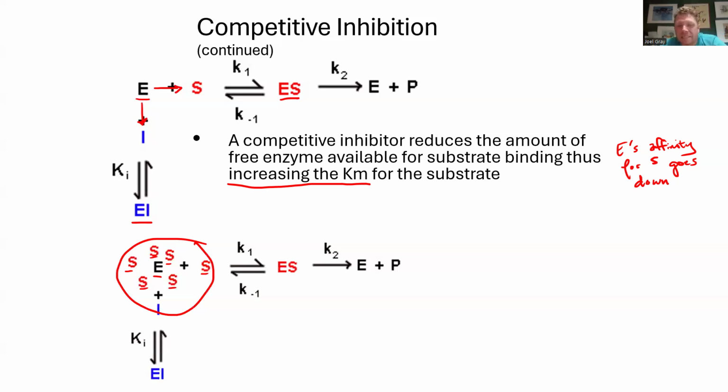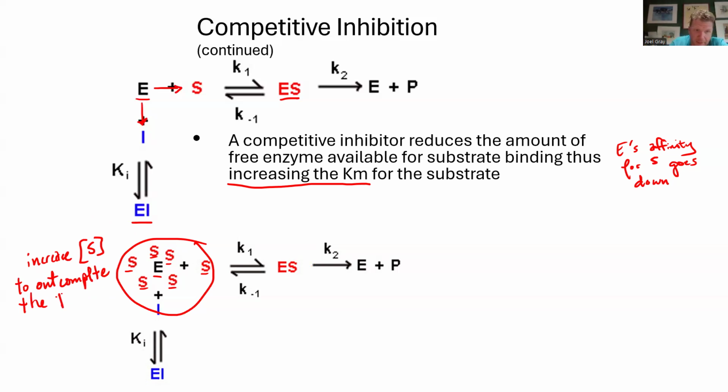That's a 1 in 7 chance of binding the inhibitor, whereas you've got a 6 of 7 chance of binding the substrate. So essentially, you increase substrate concentration to outcompete the inhibitor.